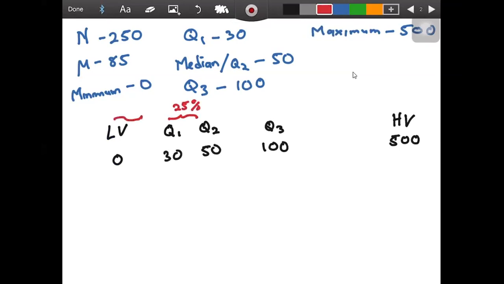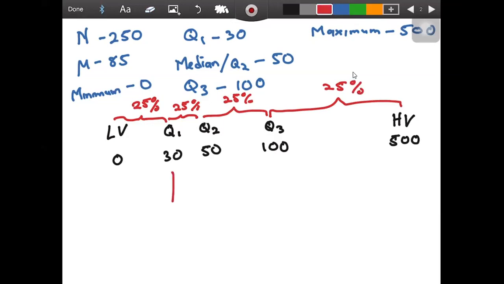From the lowest value to Q1 is 25%, and Q2 is 25%, and this one is 25%. Okay, so this is how it works.